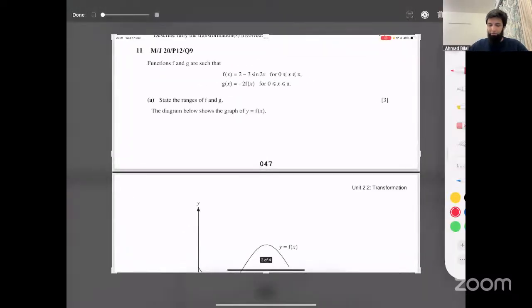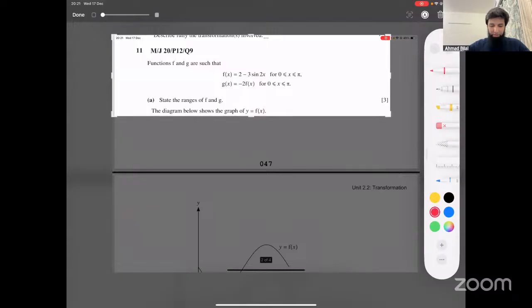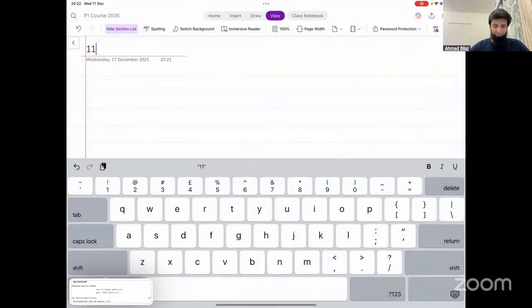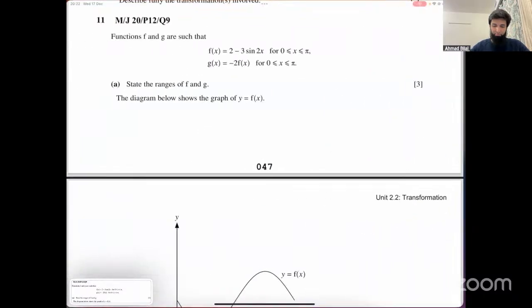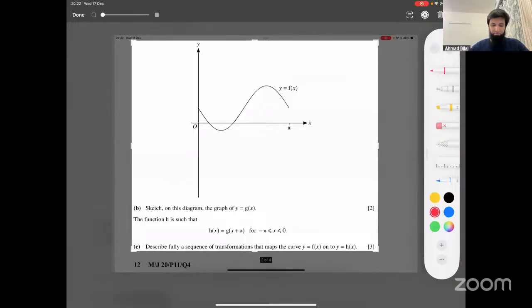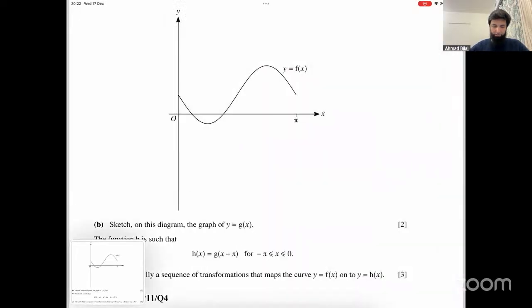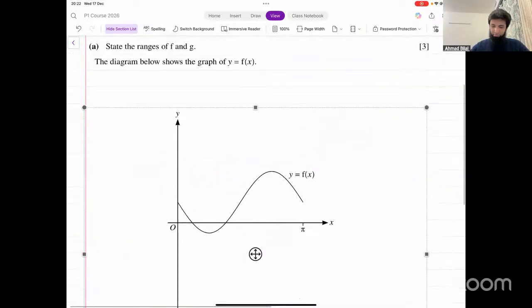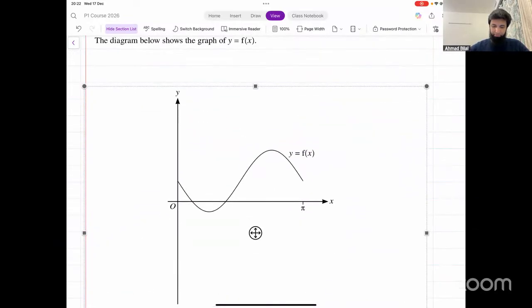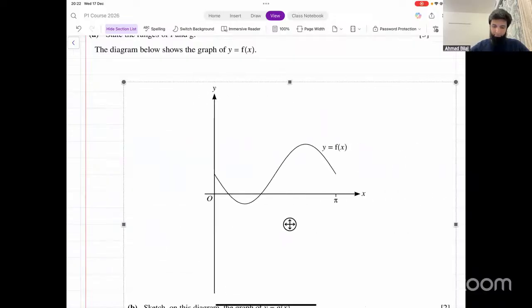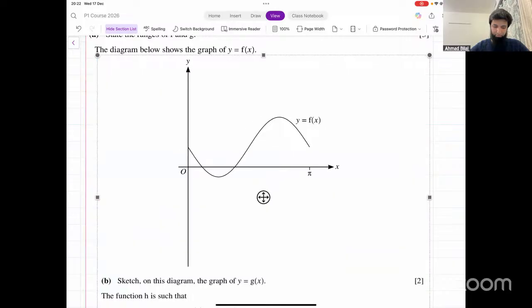It might be the last one that we're able to do today. Question number 11 from the worksheet.